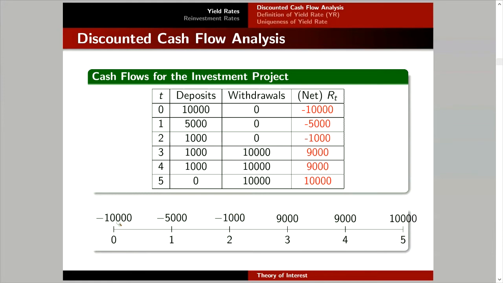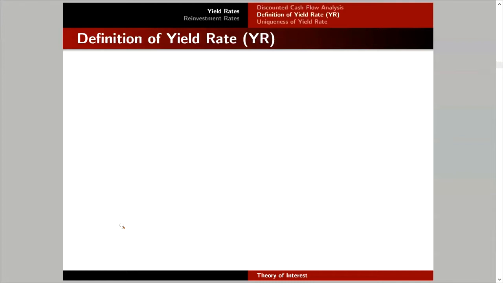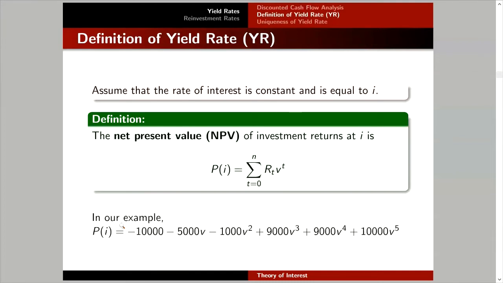So that's why you have negative 10,000, negative 5,000 V, negative 1,000 V squared, 9,000 V cubed, and then another 9,000, but this time times V raised to 4, and then finally you have 10,000 V raised to 5. All right? That's how you get the net present value. So kapag pinahanap ko ang net present value, ganyan niyo lang siya hahanapin.